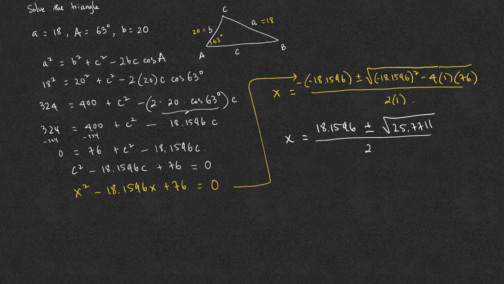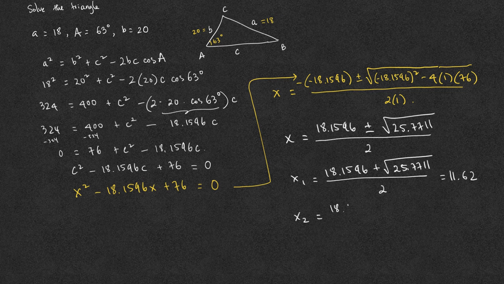There are two x values here. x1 is 18.1596 plus the square root of 25.7711 over 2, and this is 11.62. x2 is 18.1596 minus the square root of 25.7711 over 2, and this is 6.54.